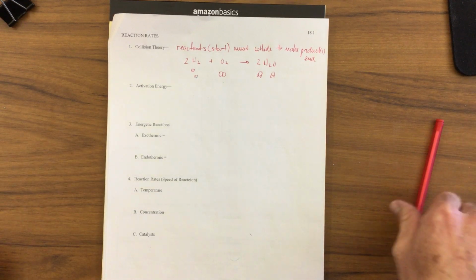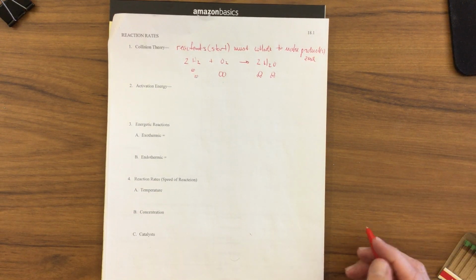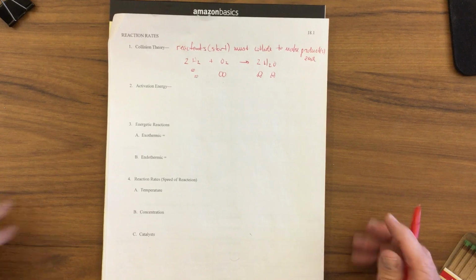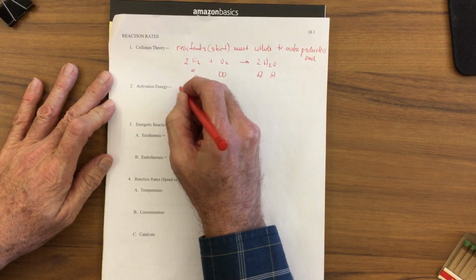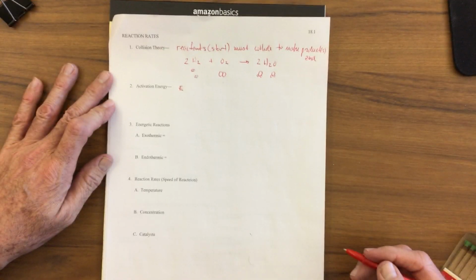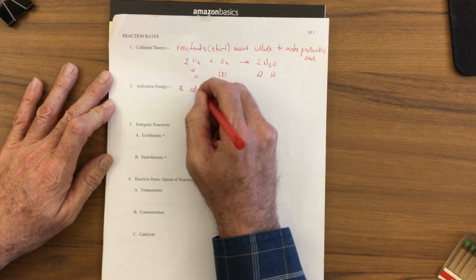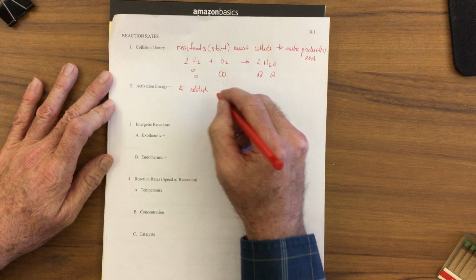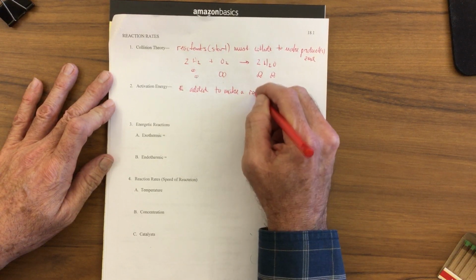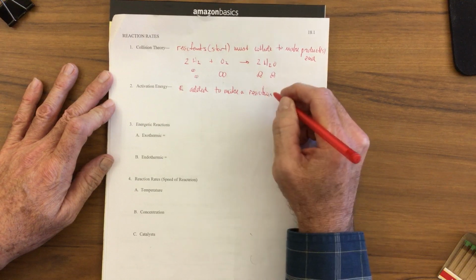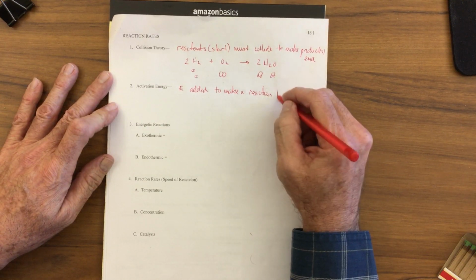And that is called the activation energy. So the activation energy, this is the energy that's added to make a reaction happen. So I'm just going to say energy is going to be E. The energy added to make a reaction happen.